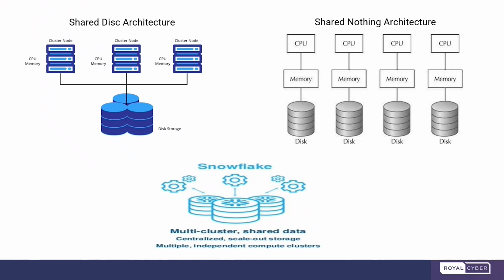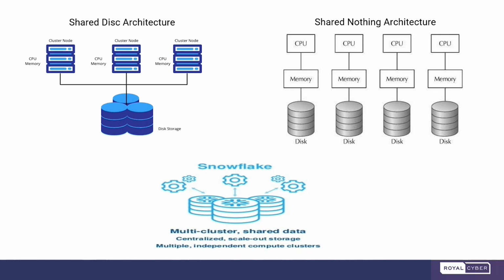On the left-hand side, we have shared disk architecture, which, for example, Oracle uses. In this architecture, the storage is shared by all the nodes in the cluster, or to be specific, it is shared by all the compute resources.